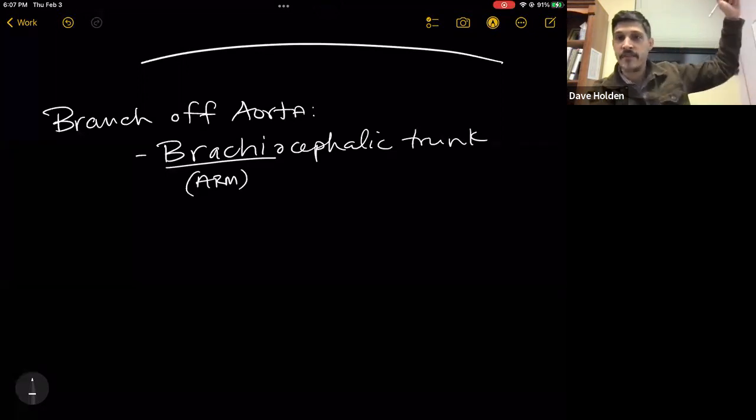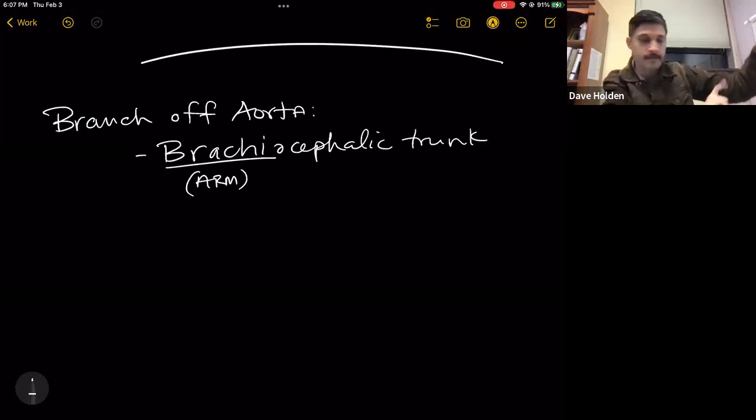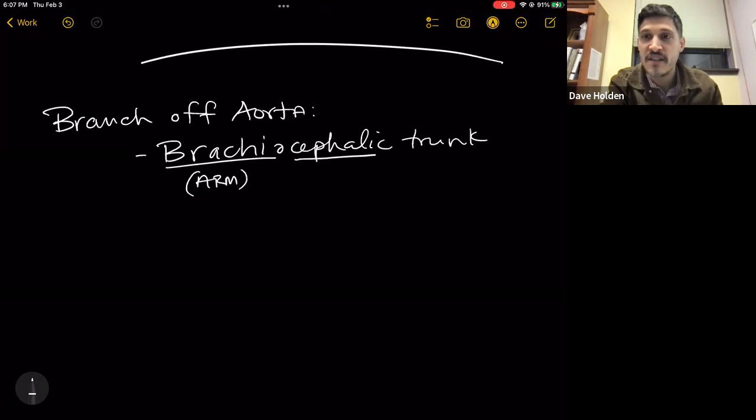Arm, specifically from the shoulder to the elbow, this part. The second word, cephal or cephalic, what does the word ceph or cephal refer to? Head. Yes.